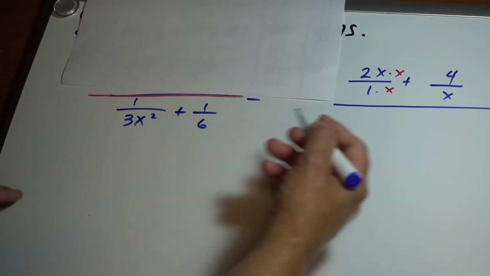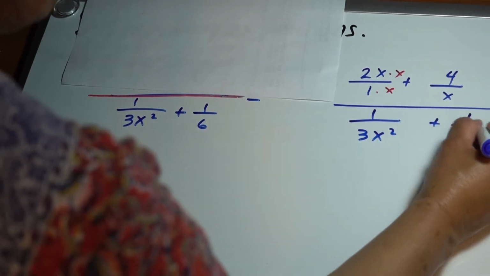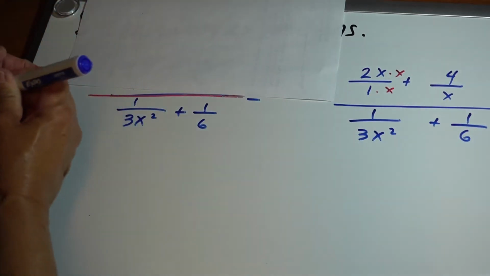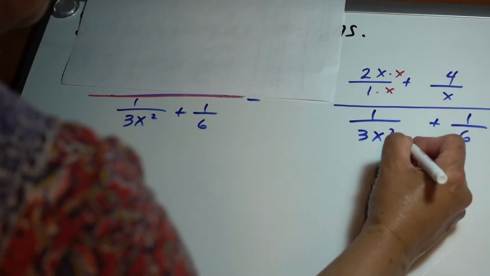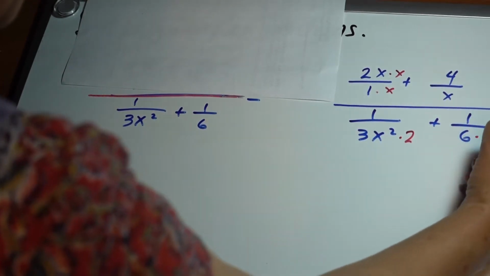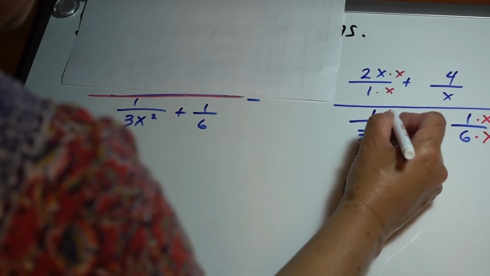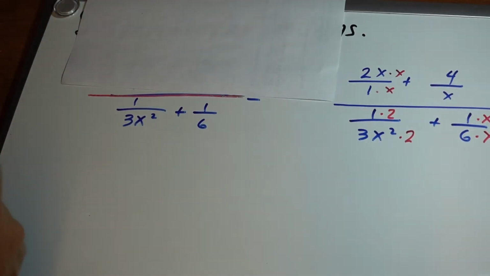So I'm going to have 3x squared plus 1 over 6. Like I said, I'm multiplying this one by 2 to get 6, and this one by x squared, of course in both parts by the same thing.